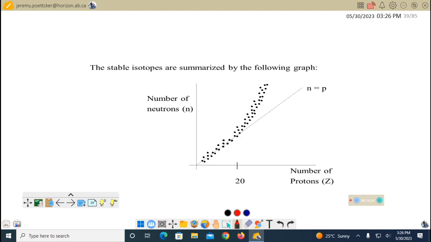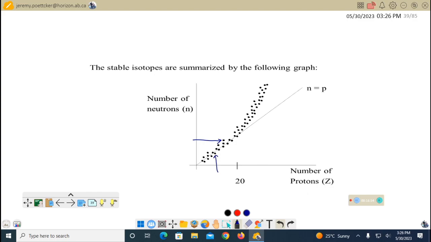There are some where we're a little bit below the line. That means there's probably one or two fewer neutrons than protons, so more protons than neutrons. We've got this one here.